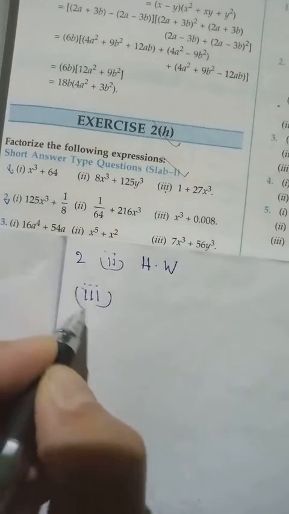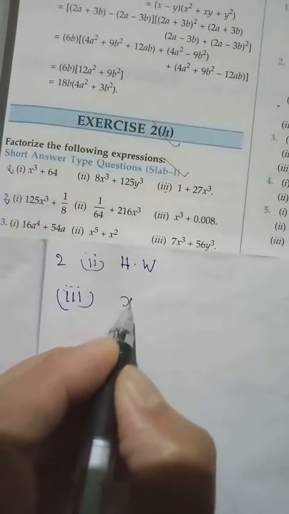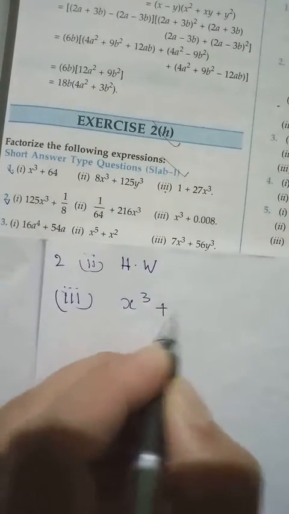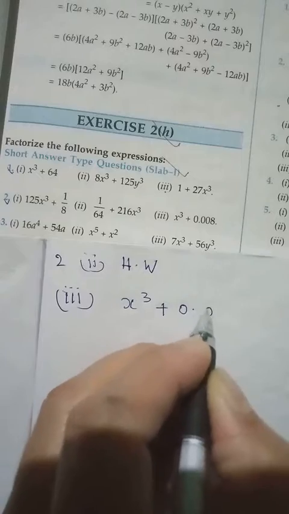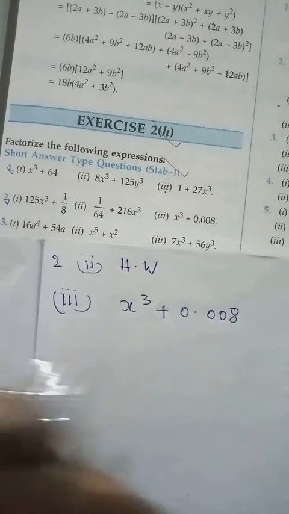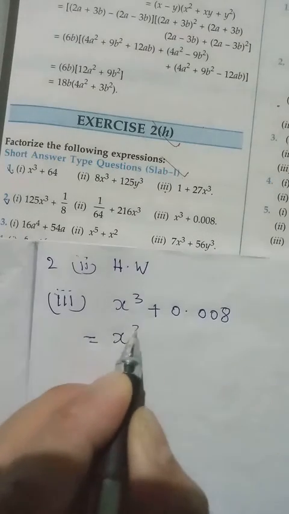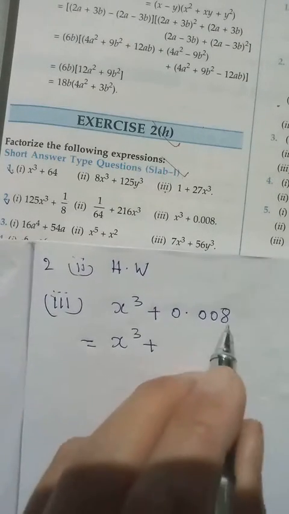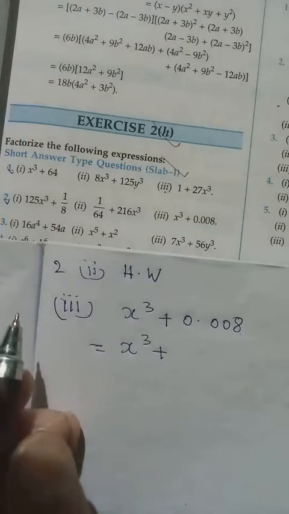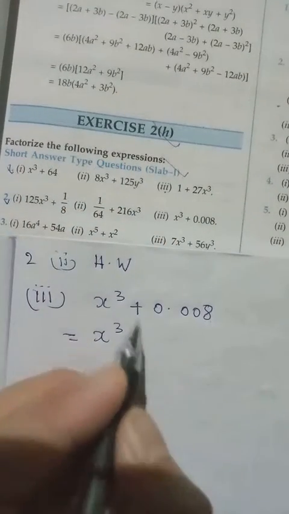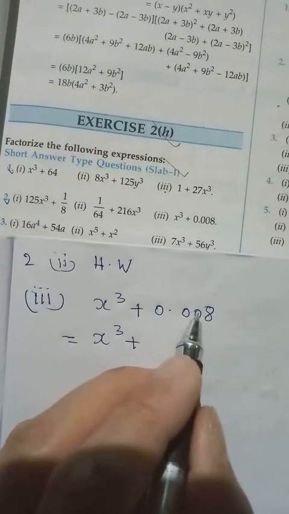We have x to the power 3 plus 0.008. So for x, no problem, we have power 3. Then for 8, you already see we have 2. So we have 1, 2, 3.